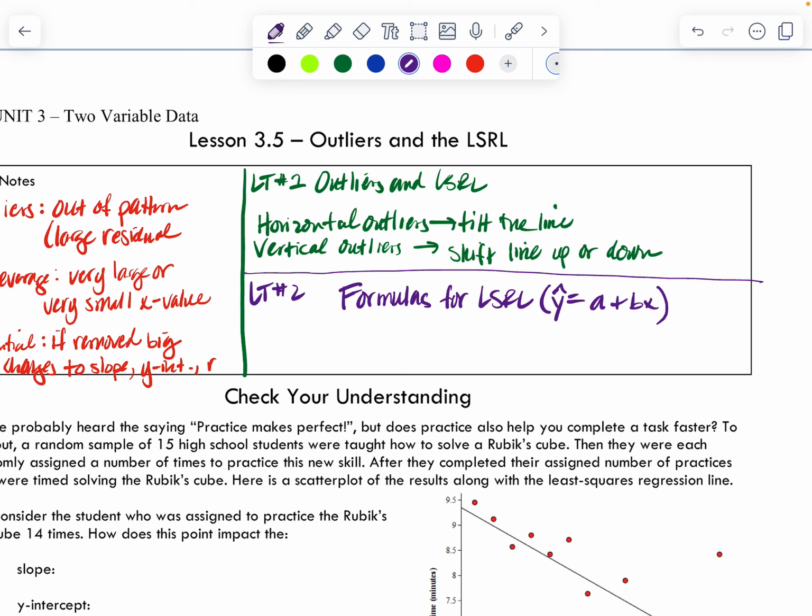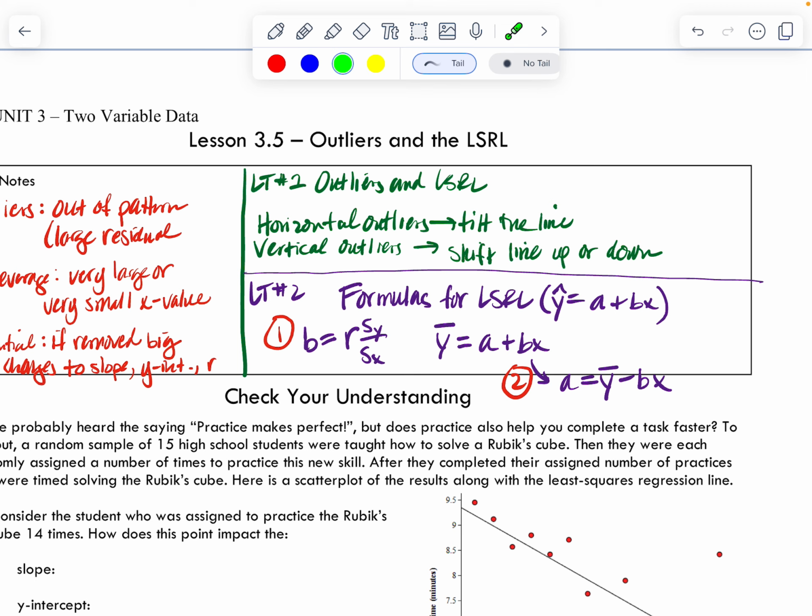The formulas that you'll be given say b equals r times s sub y over s sub x. And y bar, the average of the y's, is equal to a plus b x bar. So for that one, you will have to resolve it to get a. So a equals y bar minus b times x bar. So you find this one first and you use this one second.